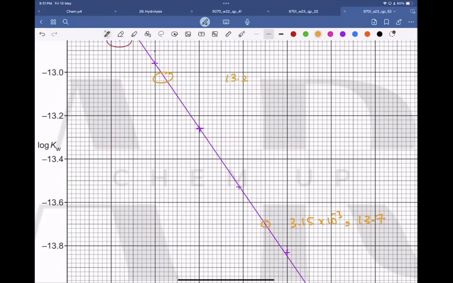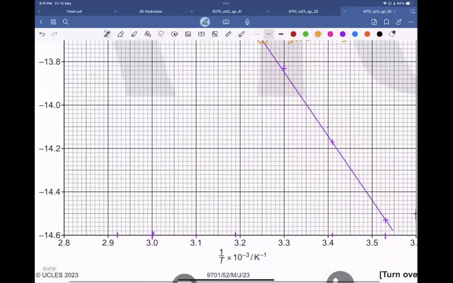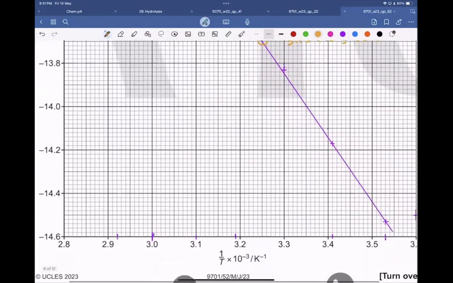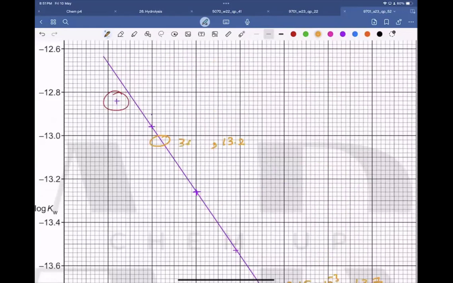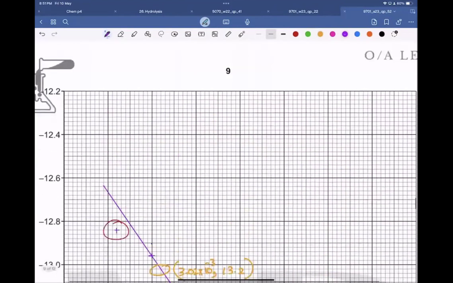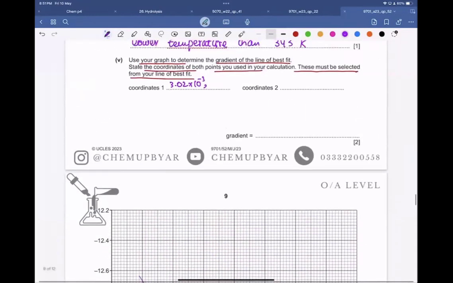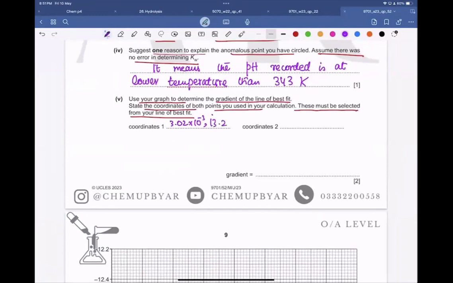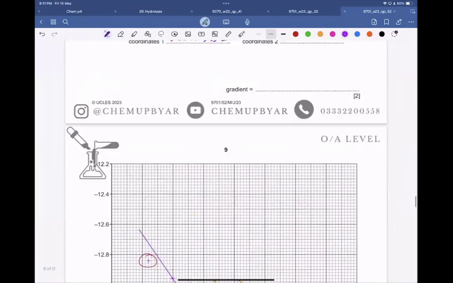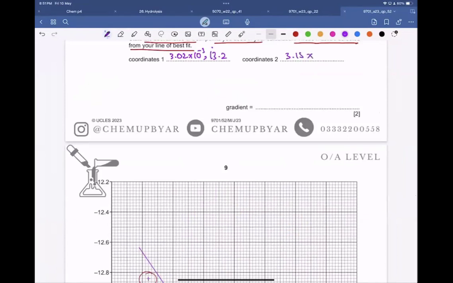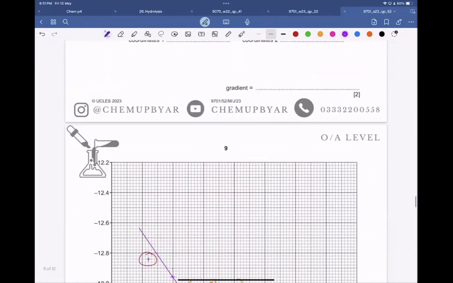It's 13.2 on the y-axis, and it is 3.02 exponent minus 3. So we got the coordinates 3.02 exponent minus 3, 13.2, and 3.15 exponent minus 3, 13.7.